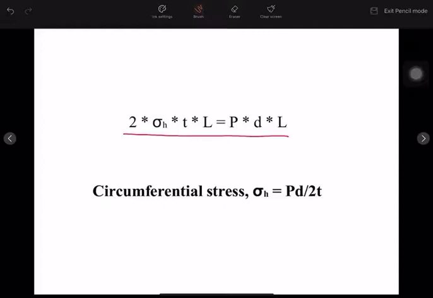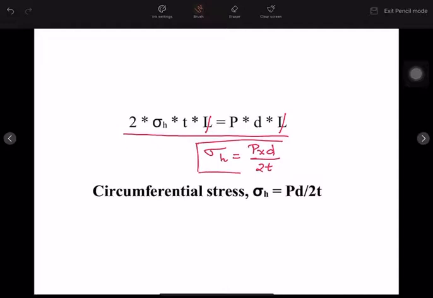2 into sigma h into small t into capital L is equal to capital P into small d into capital L. After cancellation of capital L, we'll get an equation like this: sigma h equals P into d by 2 times t.